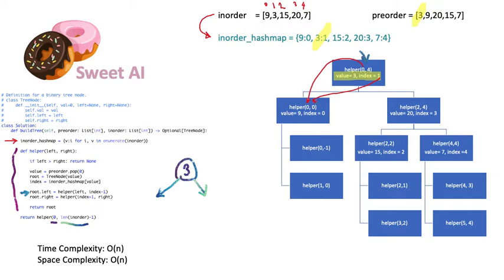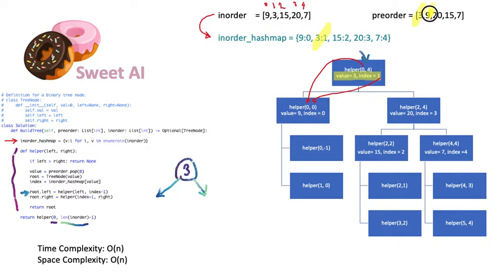So the left index comes from the left index of the previous helper, and the right index comes from the index minus 1 here, right?